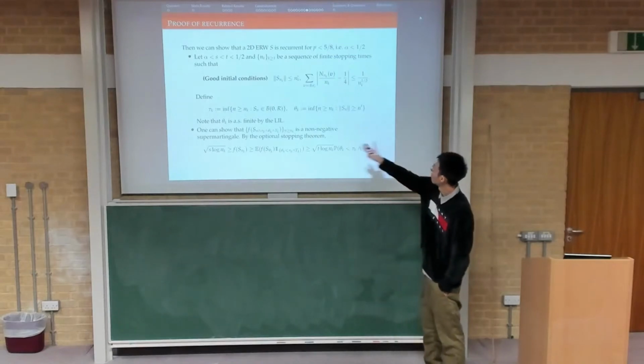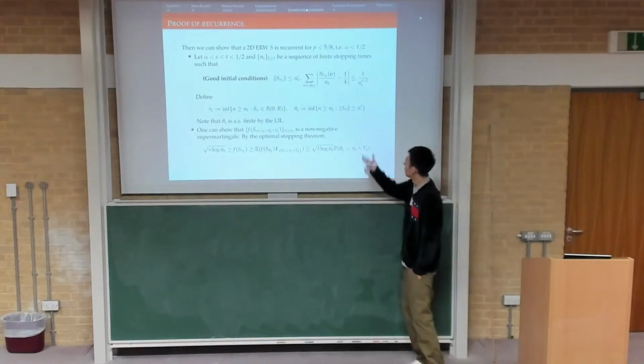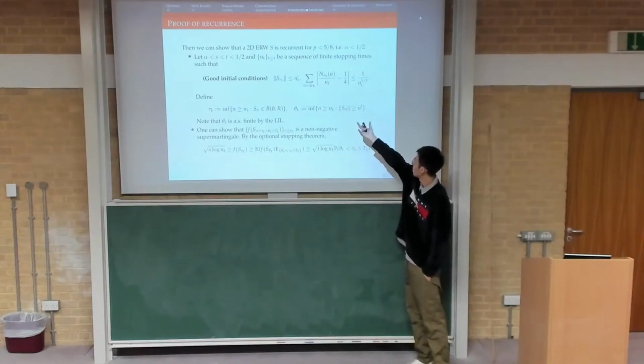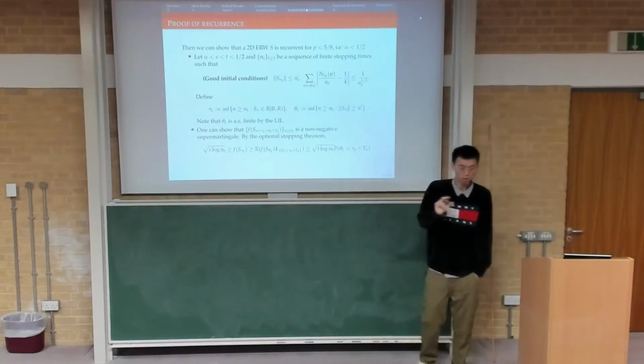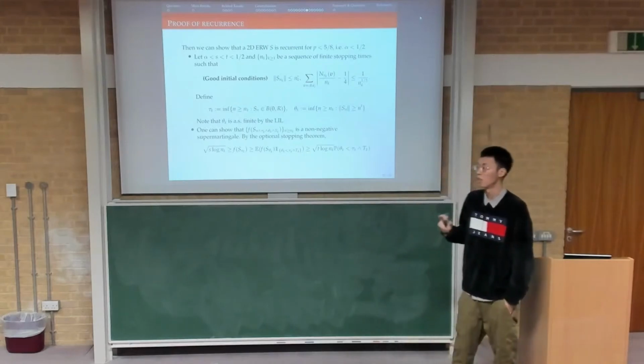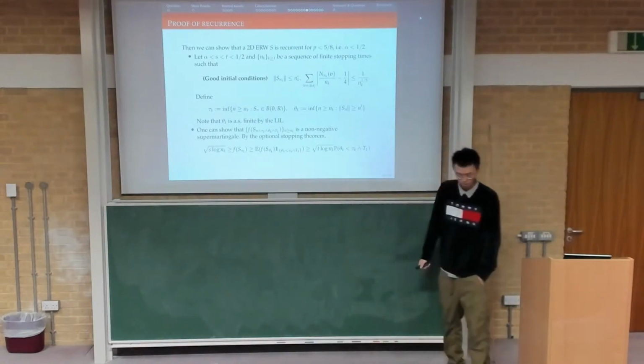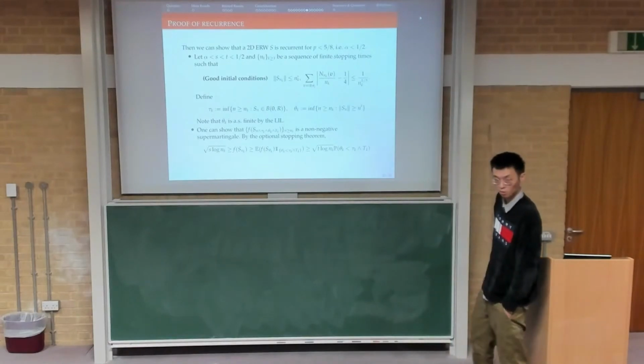And also by the previous lemma, we can find nk such that the distance between the empirical measure and the uniform measure is very close, less than one third, even bigger than 1/4.